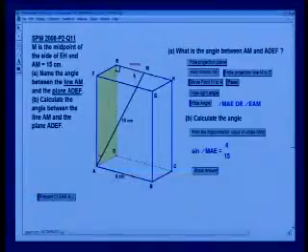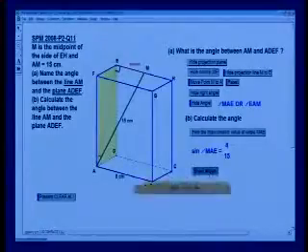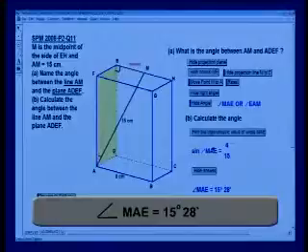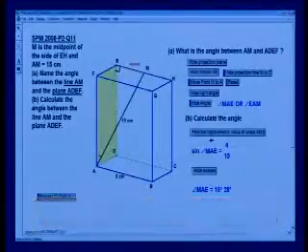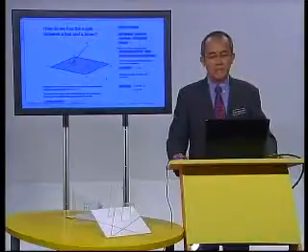Please take out your calculator and find the value of sine angle MAE. You can find the angle MAE by pressing your calculator too. The final answer is 15 degrees and 28 minutes. We'll continue later. Thank you very much.